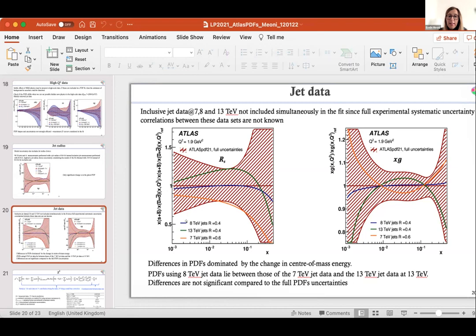Later we ran the 13 TeV data that are available only at 0.4, and the result is the green line here, and the 7 TeV at 0.6, the other result. We see that within the total uncertainty of the fit, the differences are negligible. We cannot use all the jet data together because we don't know the correlation of the uncertainties, so this is the only way that we had to prove it.